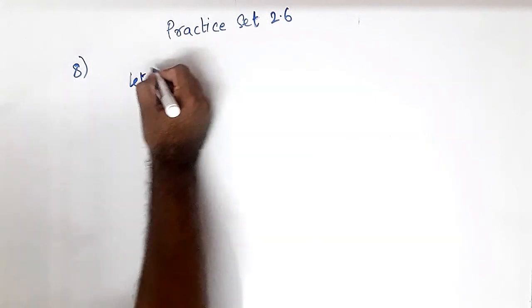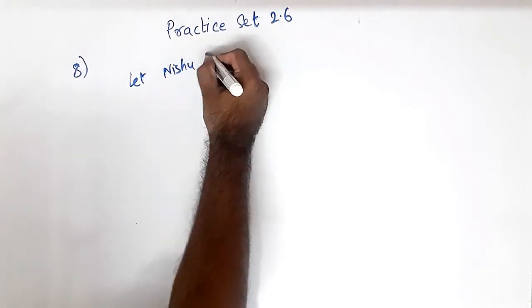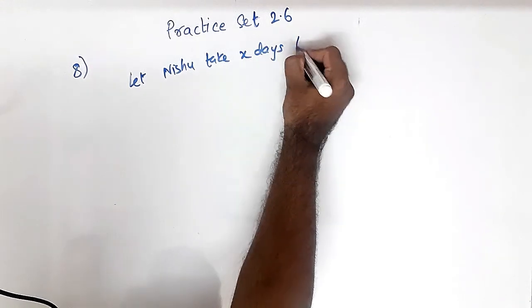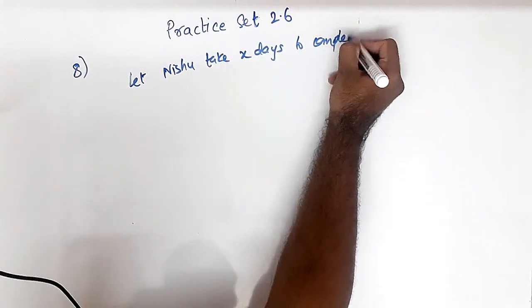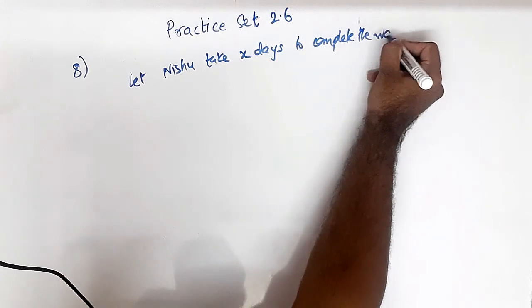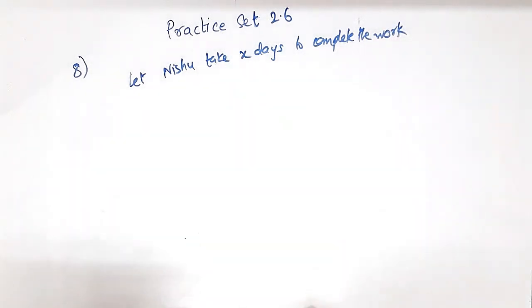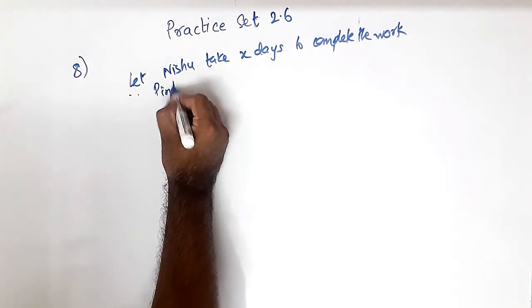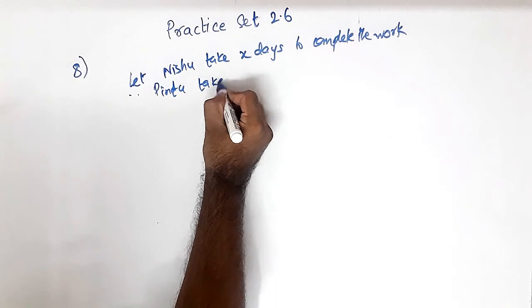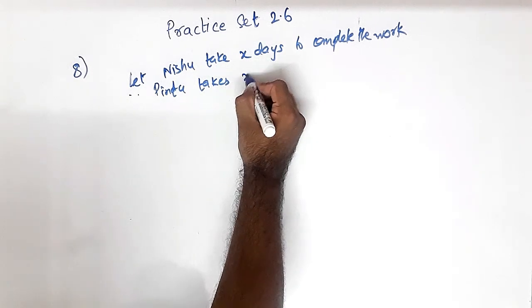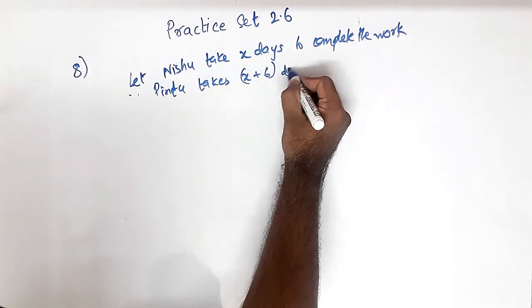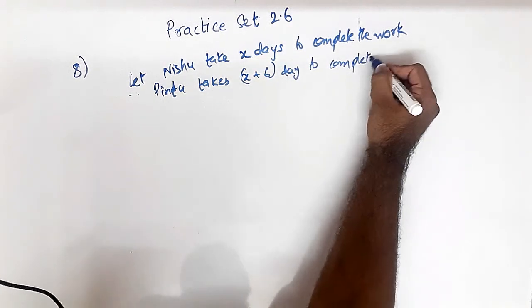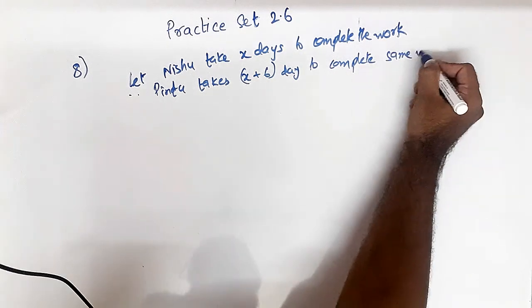Let Nishu take x days to complete the work. Therefore Pin 2 takes x plus 6 days to complete the same work.